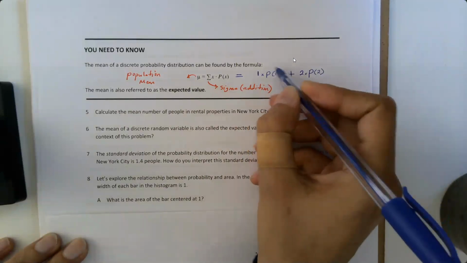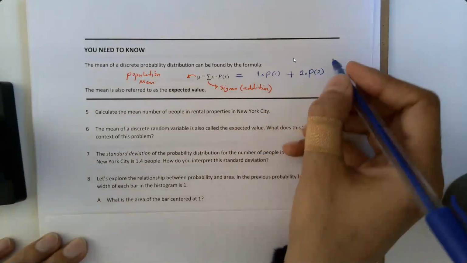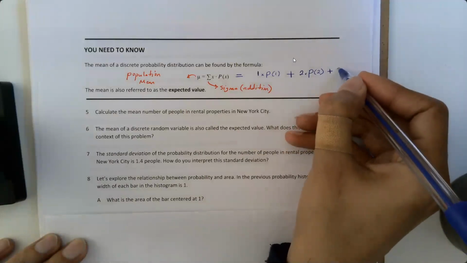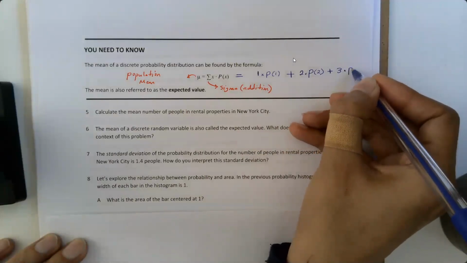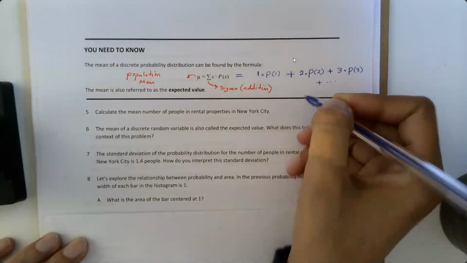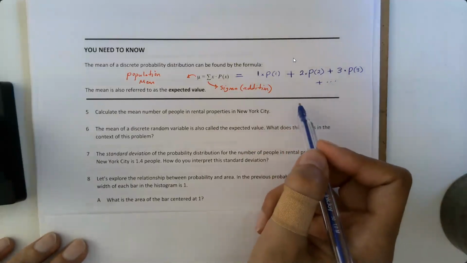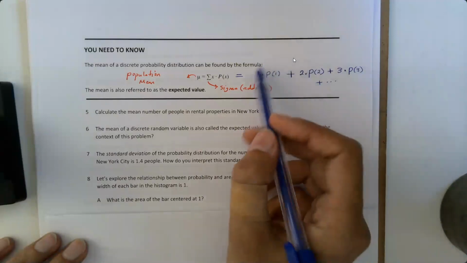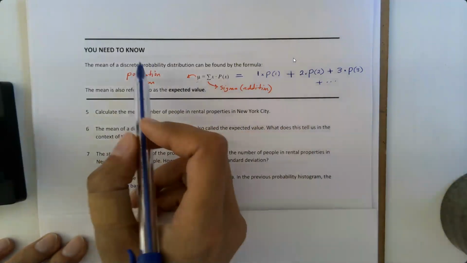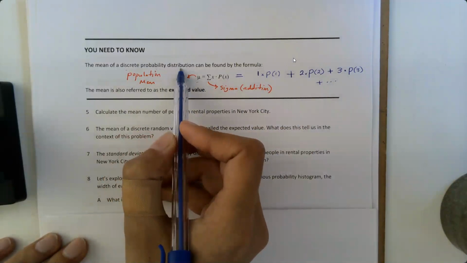We need to multiply these values by their x values and add. The next x value is 3 times p of 3, and we continue this process until we calculate the last x times p of that x. By adding these all together, we find the mean or the center of a discrete probability distribution.